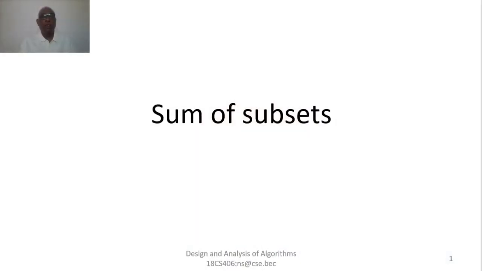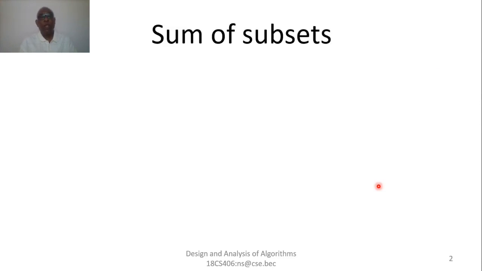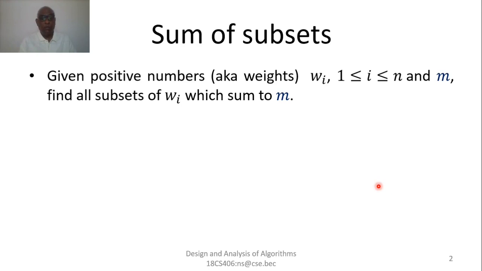Now, in this lecture, we will see how to solve the sum of subsets problem making use of backtracking. The statement of the sum of subsets problem goes like this. You are given n positive integers.